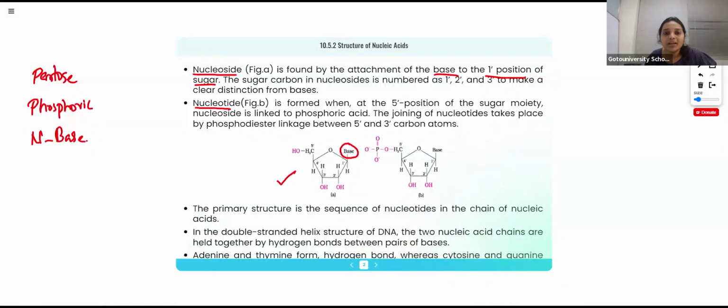The sugar carbon in nucleosides is numbered as 1, 2, and 3 to make a clear distinction from bases. Because this is first carbon, second carbon, third carbon, fourth carbon. In the first carbon, you can see the base is connected. So the pentose sugar and this base are combined together. That is called a nucleoside.